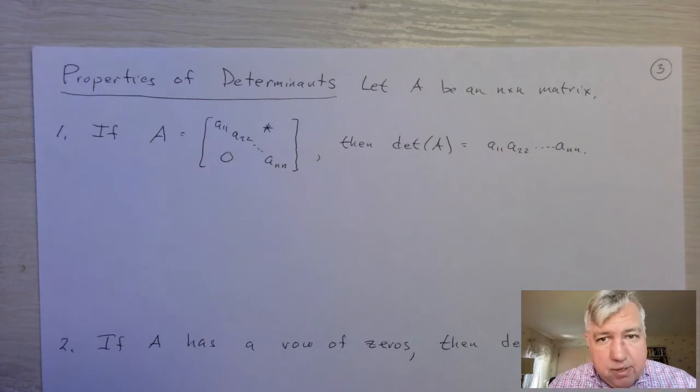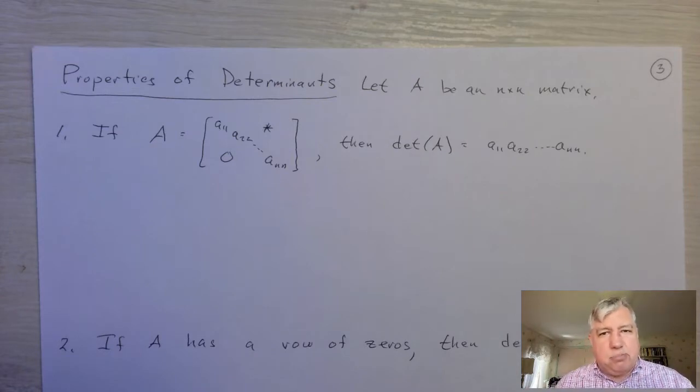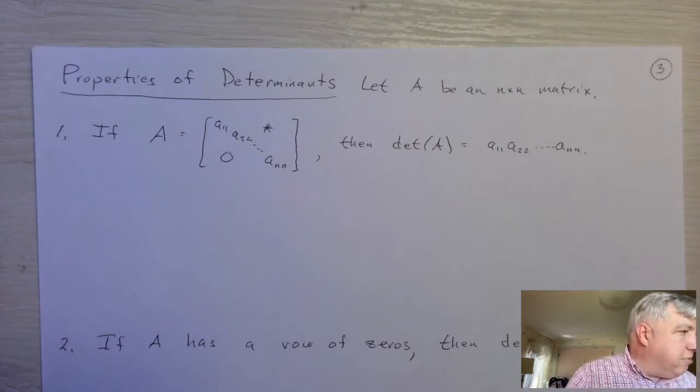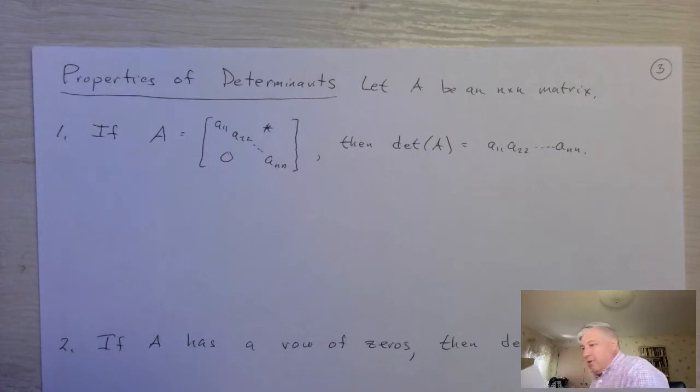In fact, most of these proofs are not going to be real rigorous. We're just going to give you sort of an example and see how, and then suggest how the general case goes.